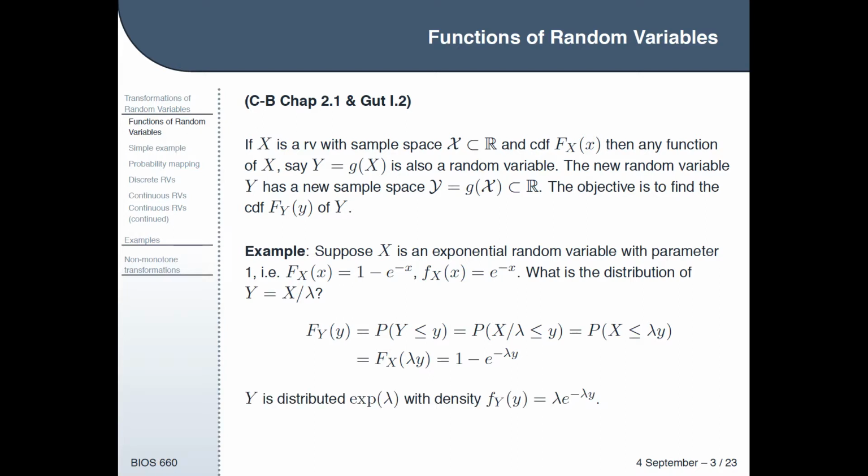And a little aside, this is defined to be an exponential random variable with rate parameter lambda. You can easily show through differentiation that the density function will be lambda e to the minus lambda y. This is one of the properties of an exponential, that if you just divide it by something, you end up just changing the rate of the variable, which makes intuitive sense if you're talking about the rate that the number of failures occurs or something like that.